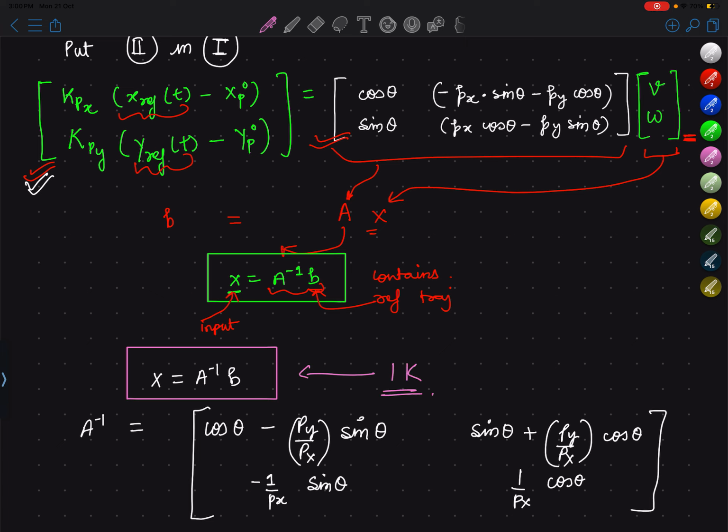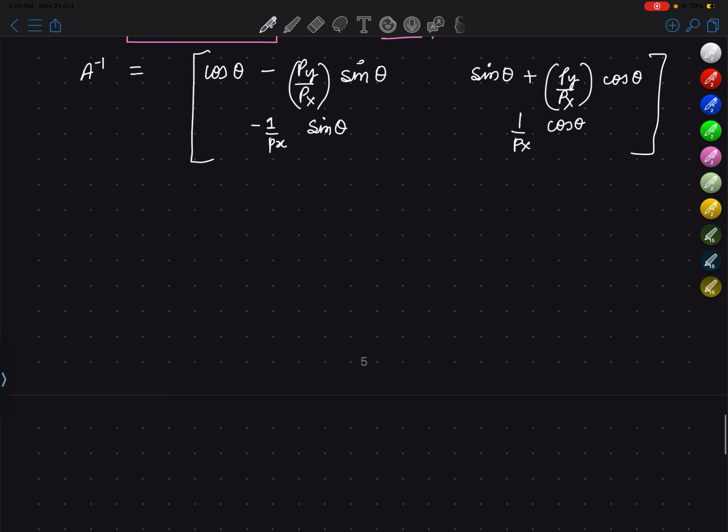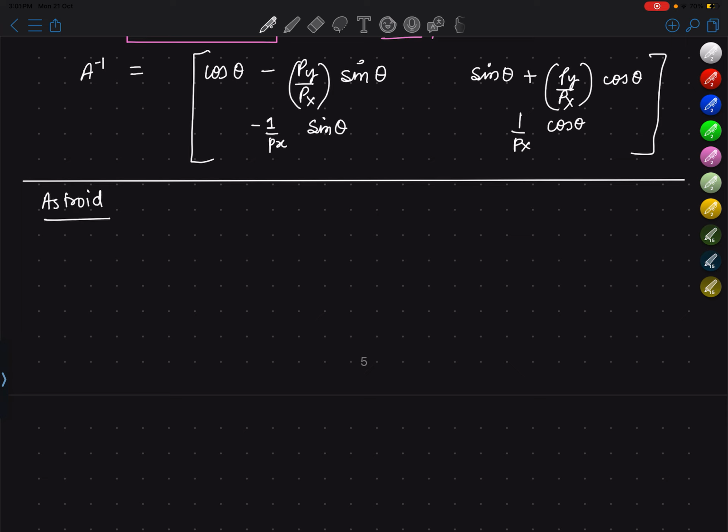Now we'll use these calculations to run Python code in which we want to traverse some point P, or the center of the robot, through different shapes. The first shape that we want to look at is the asteroid.